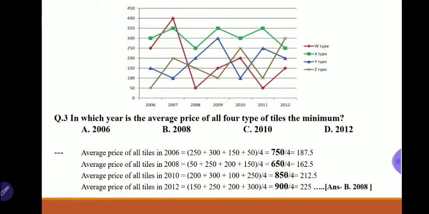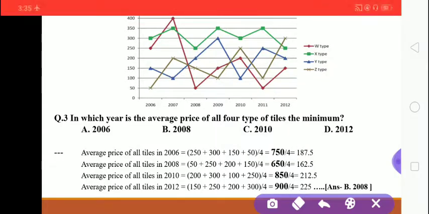Next, in which year is the average price of all four types of tiles minimum? So it is asked for which year the average price is minimum. For 2006, the average means the addition of this plus this plus this plus this point. For 2007, this point, this point, this point and this point. So the addition of all these points divided by 4, this you have to do.